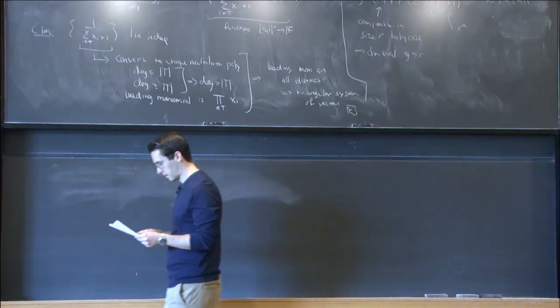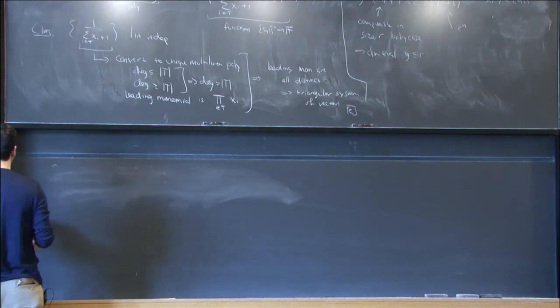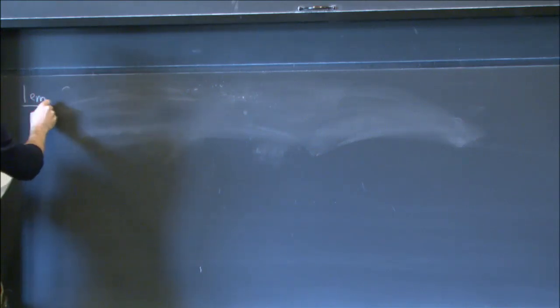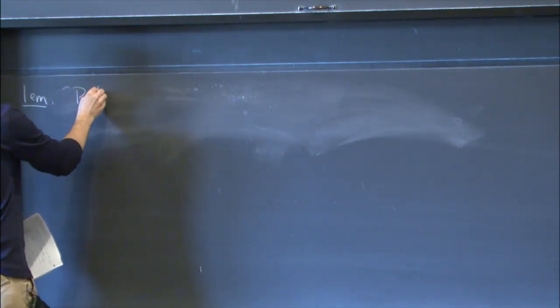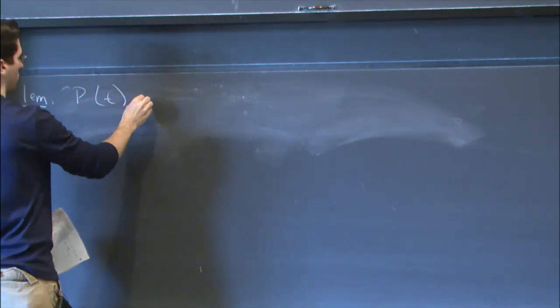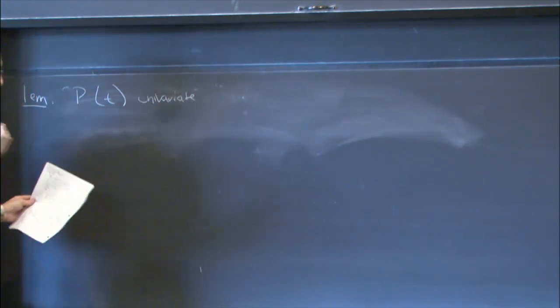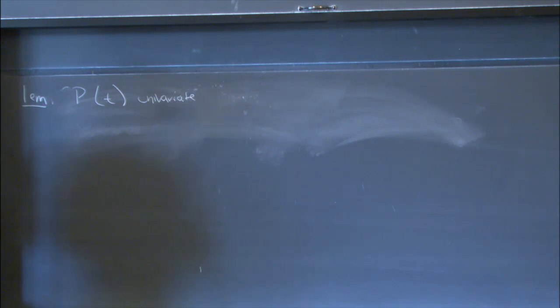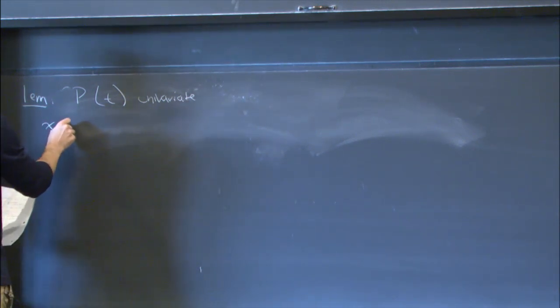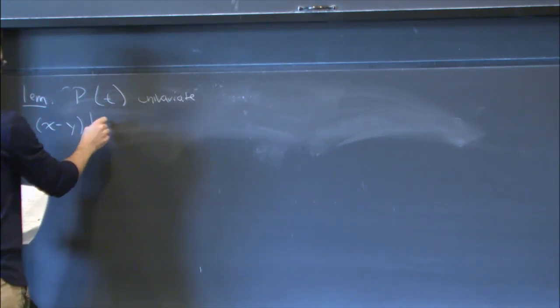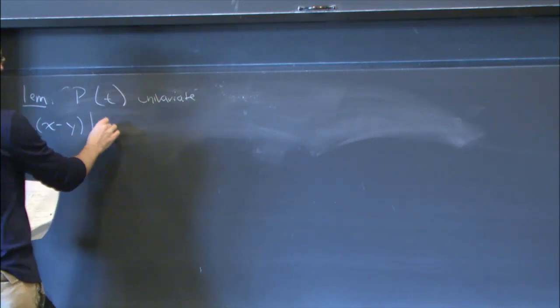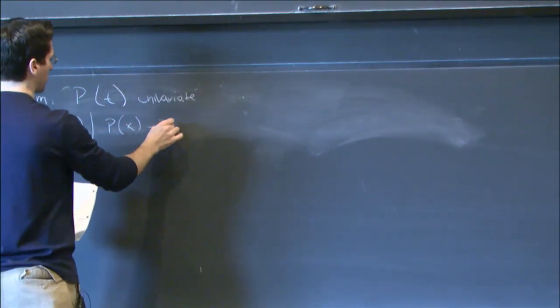OK, so what's a preliminary lemma? Let's consider the following. Suppose that you have a p of t, which is a univariate polynomial. It's nothing too complicated. Then x minus y divides p of x minus p of y.